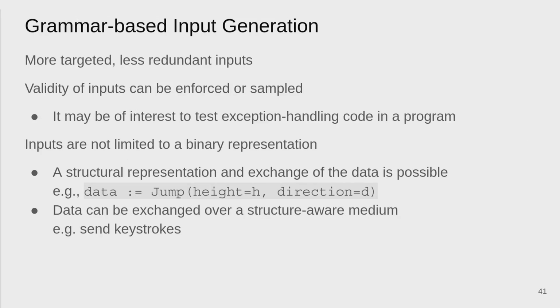Grammar-based input generation is more targeted and will create less redundant inputs, as in you can somewhat follow the format and specification of the program and thereby limit the chaff, any chaff that you would otherwise throw away. The validity of the inputs can be enforced or sampled and thereby improved.